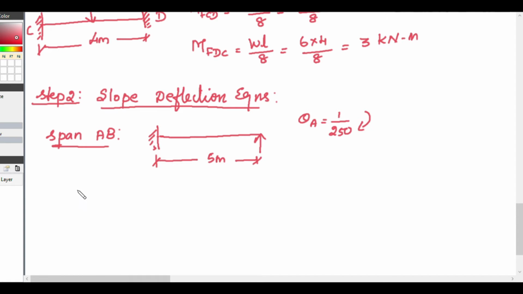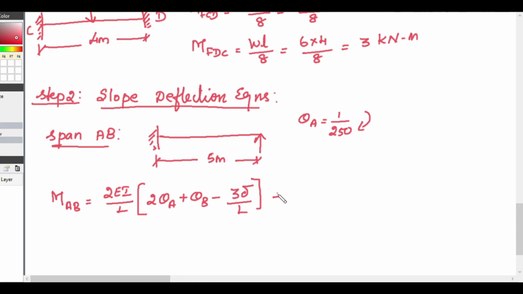While you are writing the formula, our end moment MAB will be equal to 2EI by L into 2 theta A plus theta B minus 3 delta by L plus MFAB. So you get MAB is equal to, theta A is 1 by 250 in the clockwise direction.